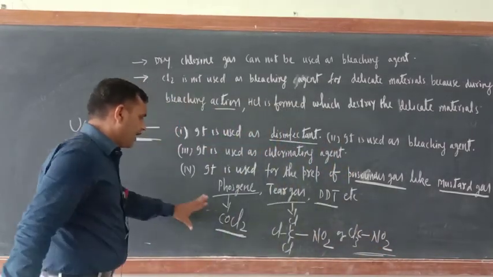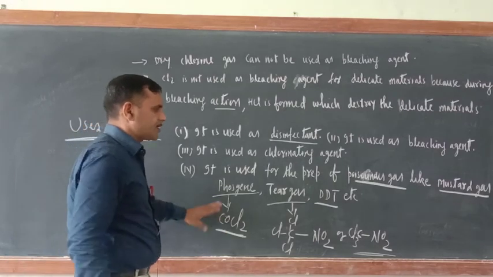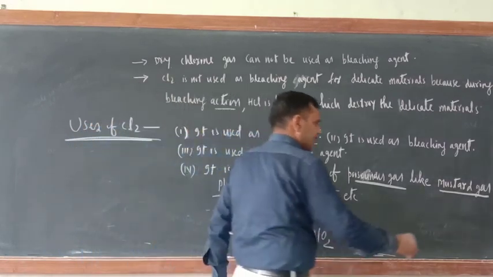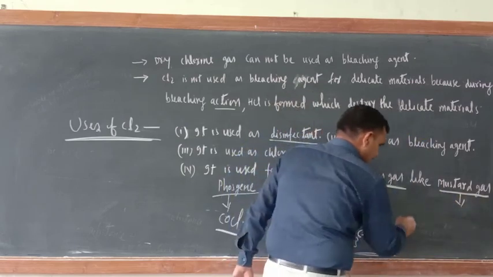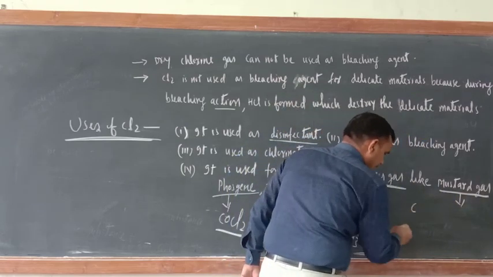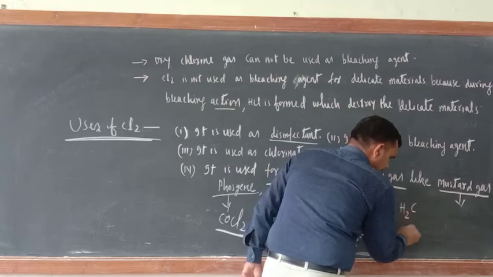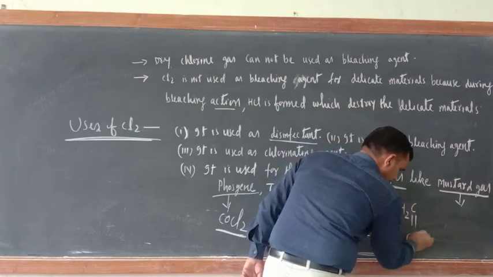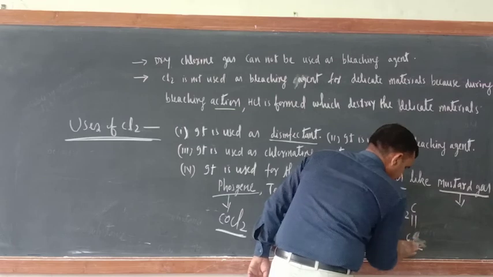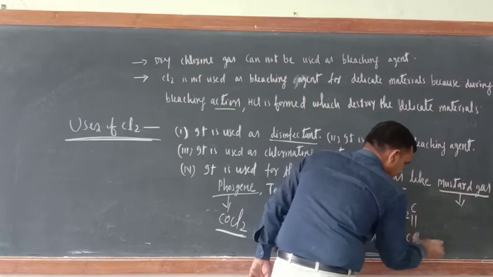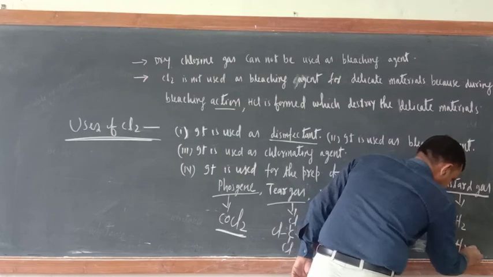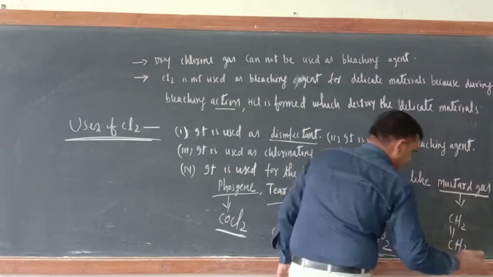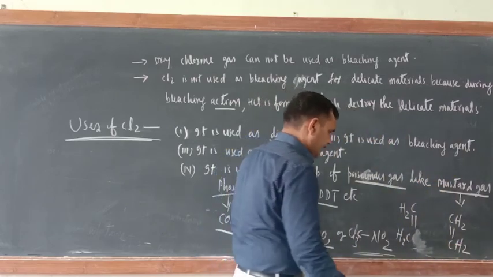Okay, now this is phosgene. What about mustard gas? This is the most important gas. Remember this one. First you write two molecules of ethene: CH2=CH2, and on this side also CH2=CH2. Now try to understand.